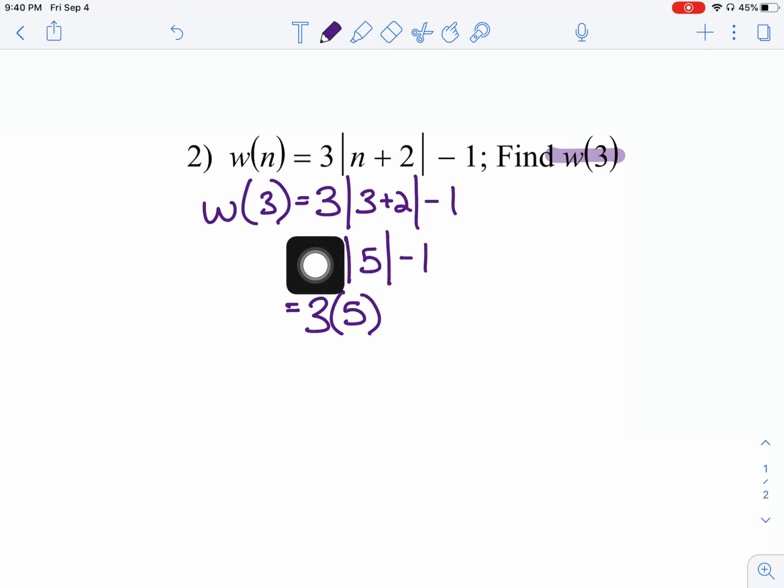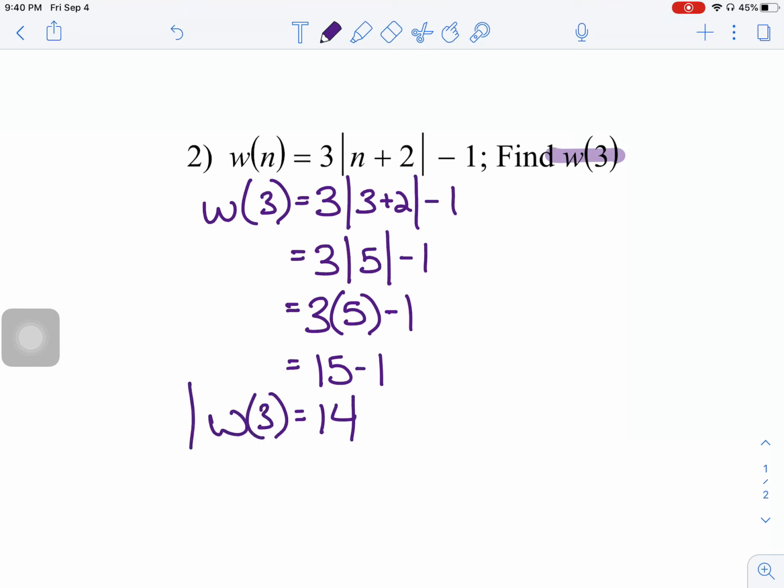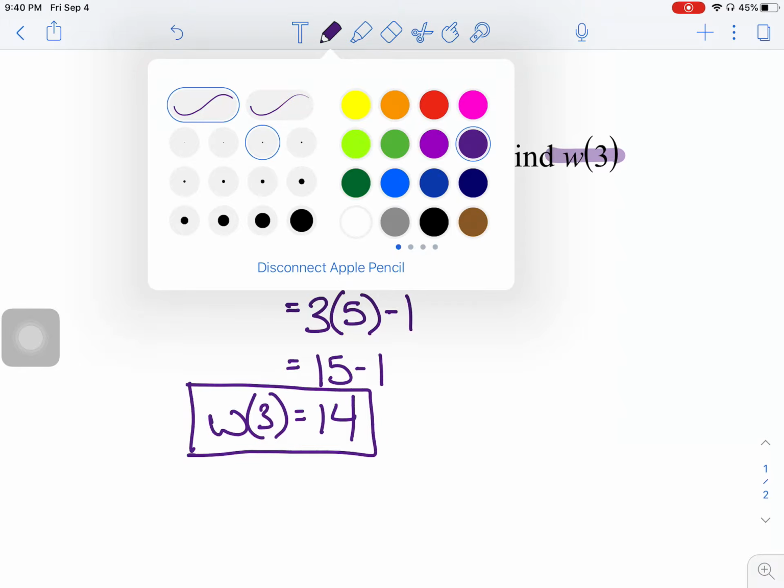And now you'll notice I changed from the absolute value bars to the multiplication parentheses, so I can move on with that. So 3 times 5 is 15. 15 minus 1 makes my overall answer here 14. So you can either box up the 14, or you can say w of 3 is equal to 14. Either one of those is appropriate. So a little absolute value bar work there.